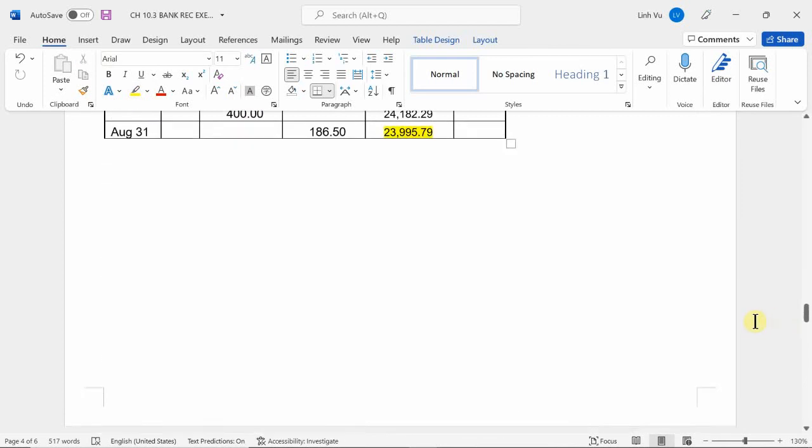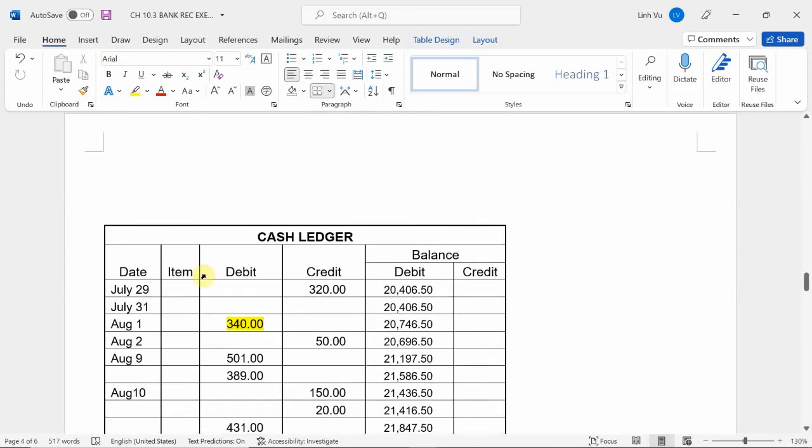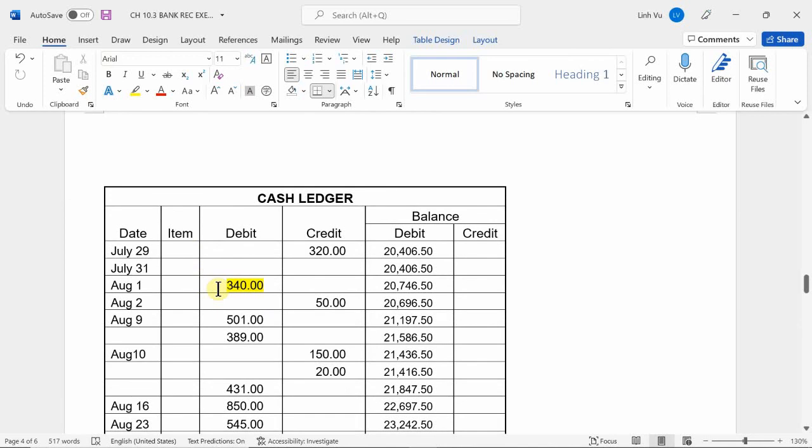Oh, 30. Oh, okay. 110. Do that again. You have $430, but you wrote in your book that you recorded $340. $90. Now, does the bank know I have this money, or do I have to fix this mistake on my end?